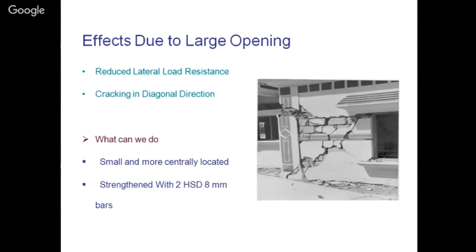Effects due to large openings: reduced lateral load resistance, cracking in diagonal direction. That is what I have explained, that as you increase the size of the openings, your shear resistance is reducing. Your wall is becoming more vulnerable towards a load which is in plane to that particular earthquake.